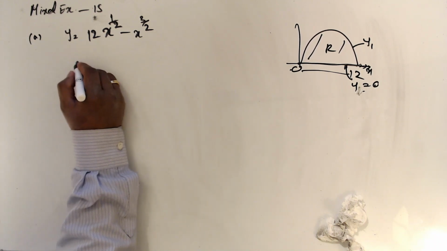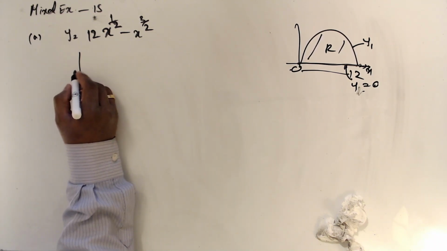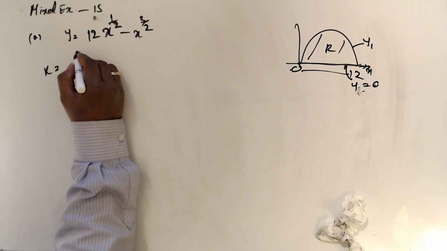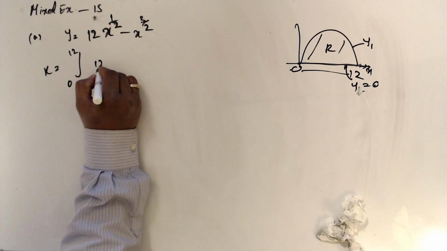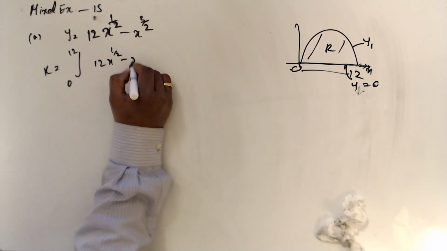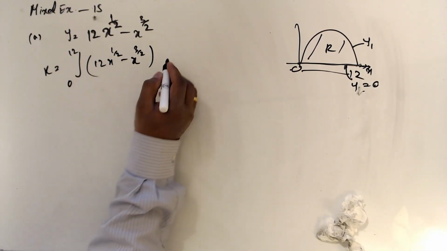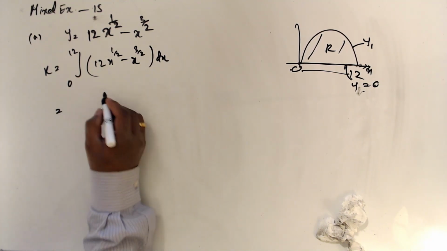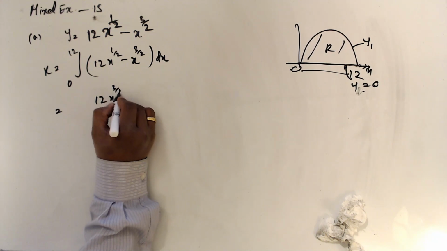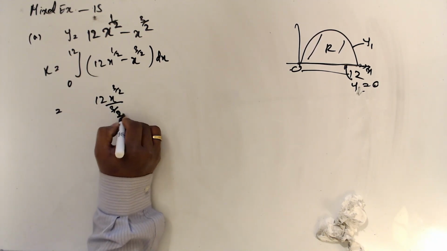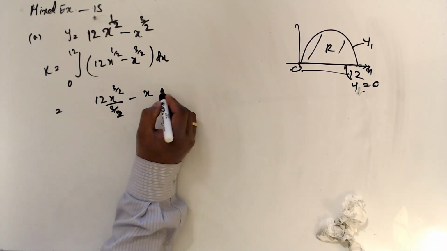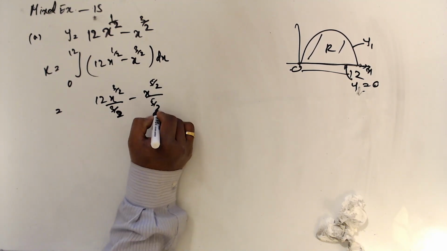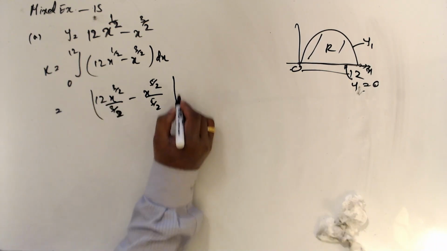So R equals the integral from 0 to 12 of 12x^(1/2) minus x^(3/2) dx. So this is 12x^(3/2) over 3/2 minus x^(5/2) over 5/2, from 0 to 12.